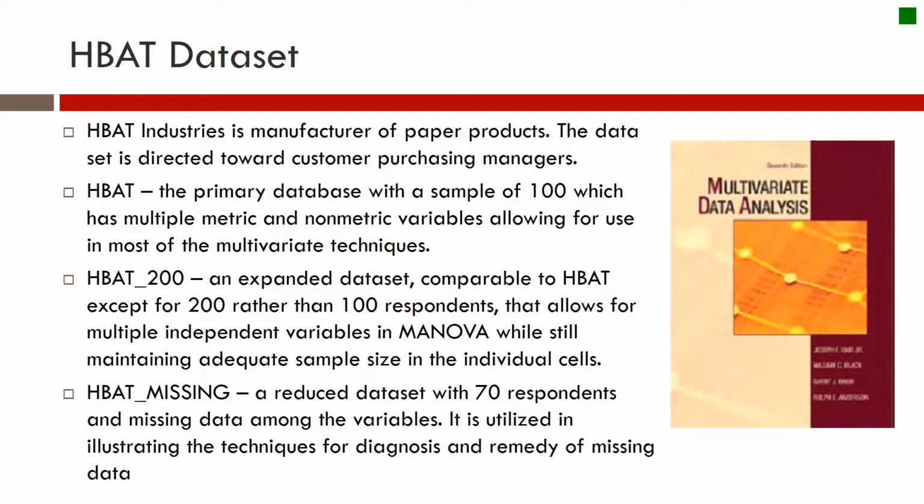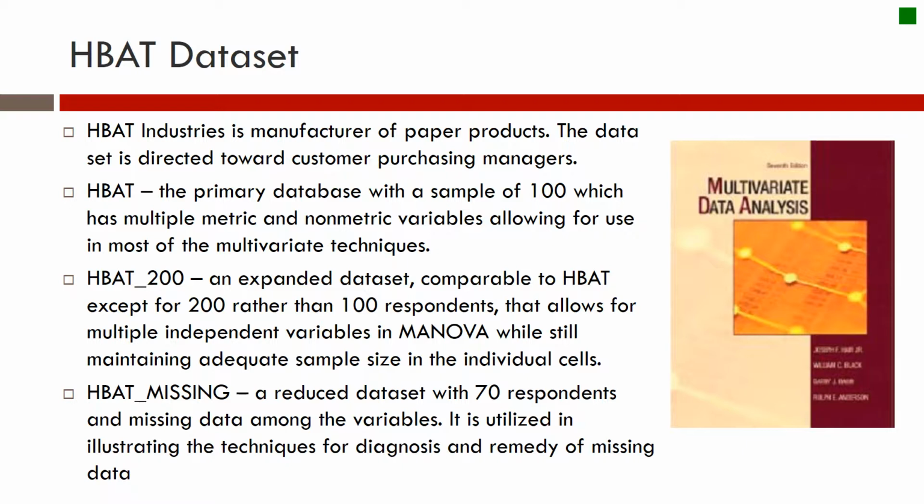When sample size matters, and in particular when it matters doing certain data analyses that require a lot of computation, we'll need a larger sample size. There are also other data sets, for instance listed here is the HBAT missing data set, which is one where we can walk through some illustrations of how to handle missing data.